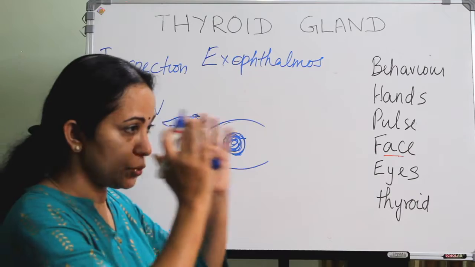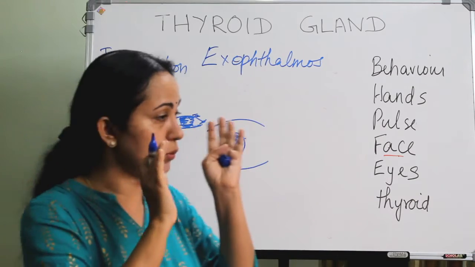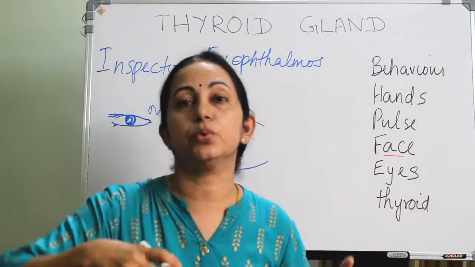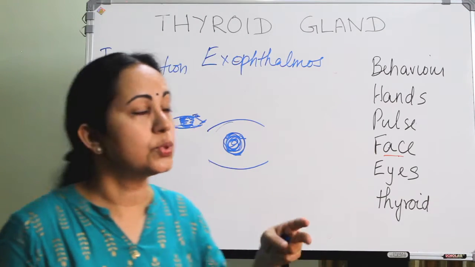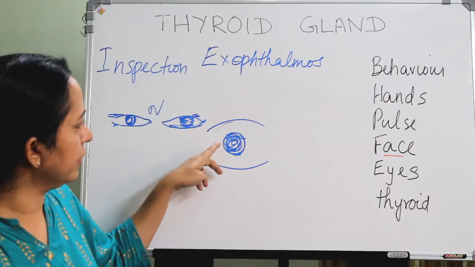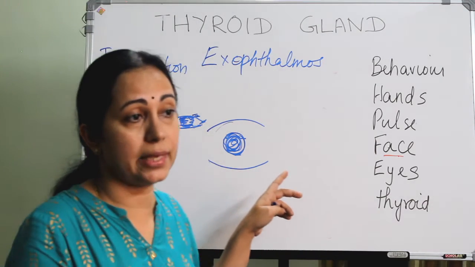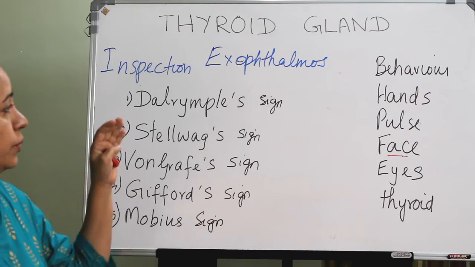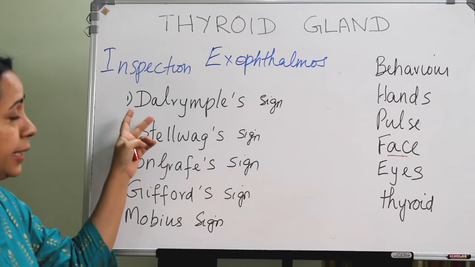So you have to see from front, you have to see the protrusion of the eyeball from the side, and also you have to go behind. In front, what are the signs? Named eye signs you can see. These are the eye signs you have to examine. Dalrymple sign.